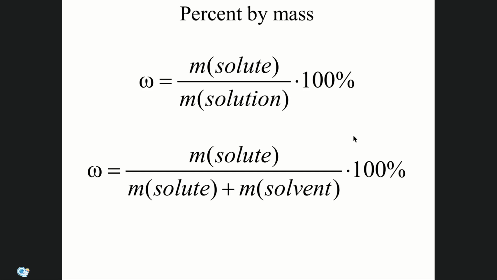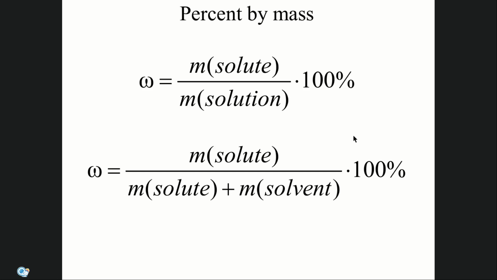Concentrations of solutions are expressed in terms of either the amount of solute present in a given mass or volume of solution, or the amount of solute dissolved in a given mass or volume of solvent. So we have different types of concentrations.